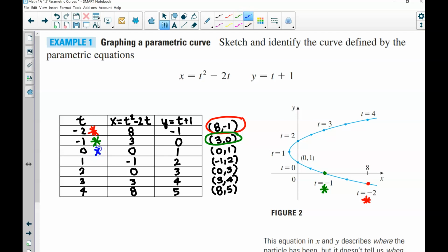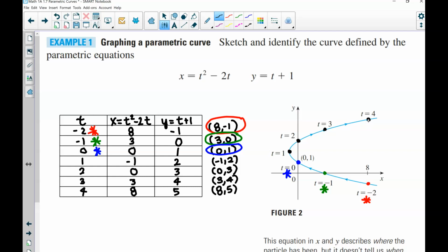And at t of 0, we're plotting the point (0, 1). If we continue, you can see that we're plotting the next points, which are (-1, 2), (0, 3), (3, 4), and then (8, 5).